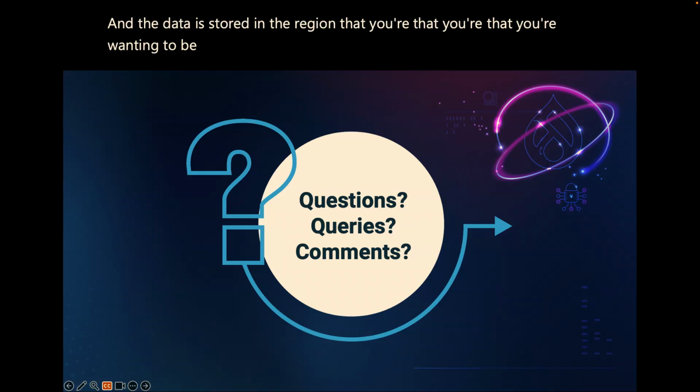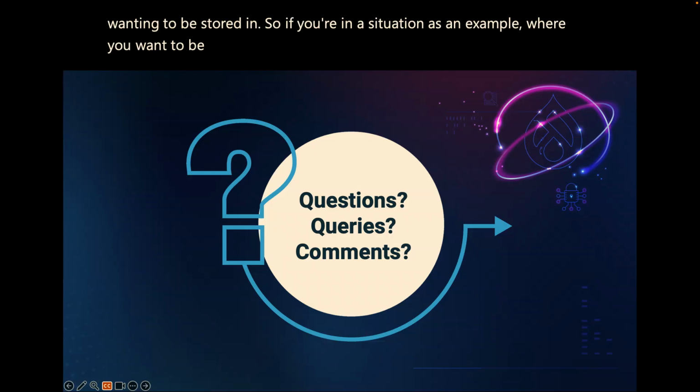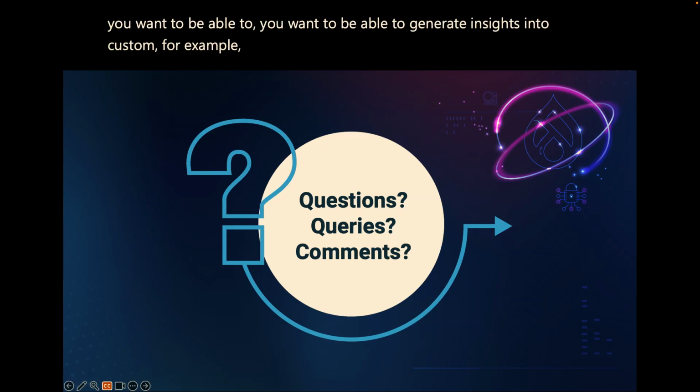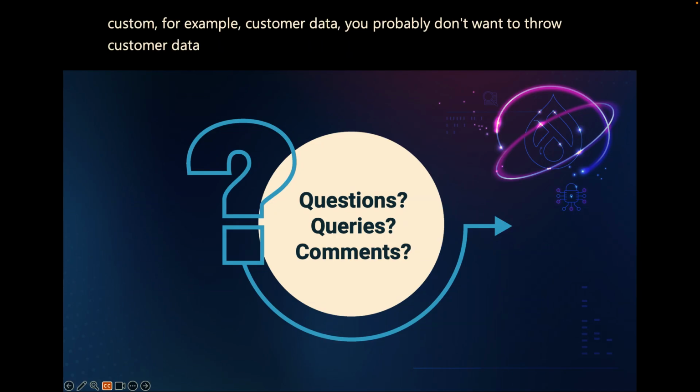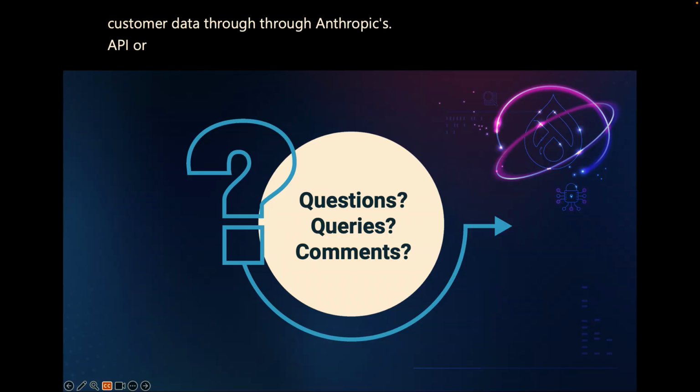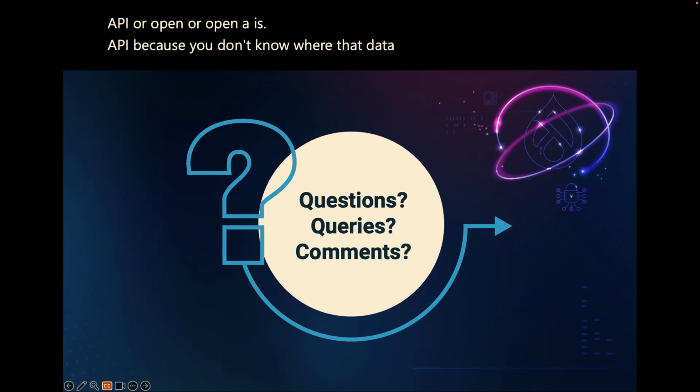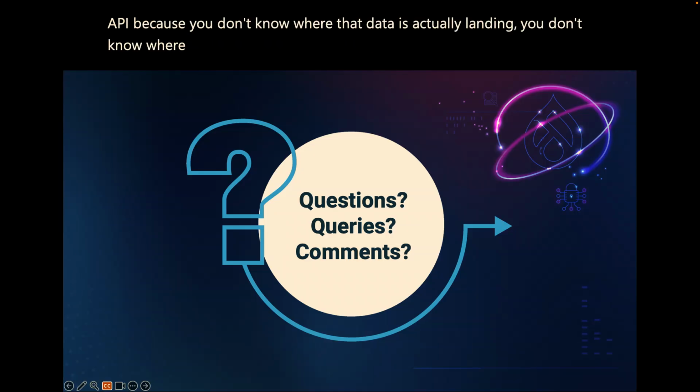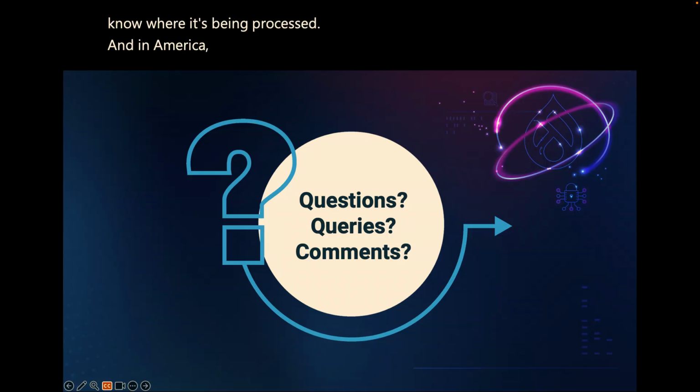If you're in a situation where you want to generate insights into, for example, customer data, you probably don't want to throw customer data through Anthropic's API or OpenAI's API, because you don't know where that data is actually landing. You don't know where it's being processed. And in America, that's maybe less important than in Europe, but not much less important.